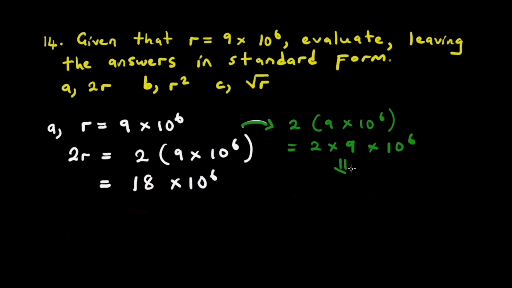Izvi zviri kutoredzera pakuti tikati a times b times c, tinogona multiply a na b ikaita ab times c, oro togona multiply b na c ikava a times bc. Saka we chose to multiply 2 times 9 kuti tiwane 18 times 10 to the power 6 because toda kusiya 10 to the power 6 yakadaro.